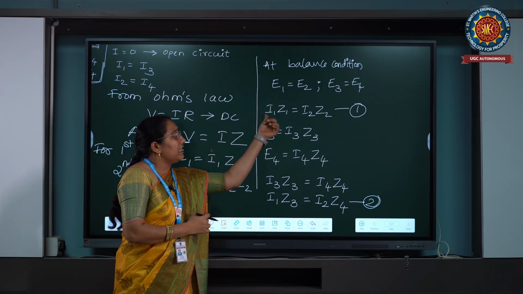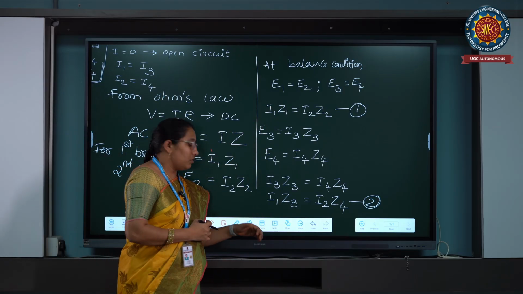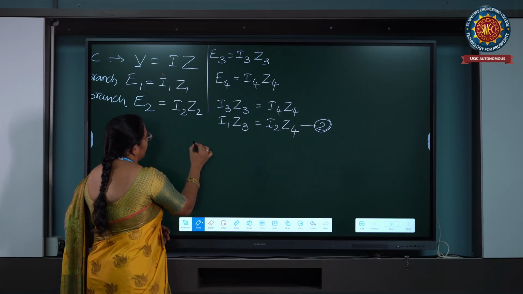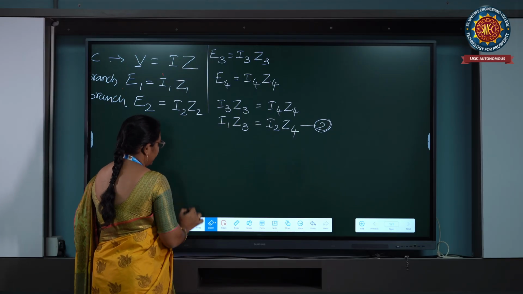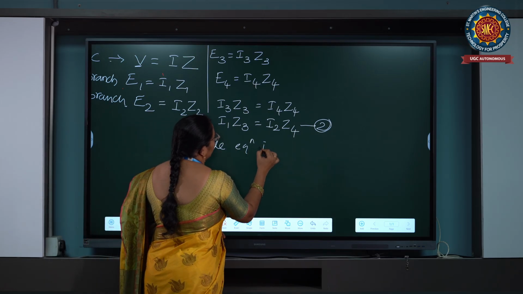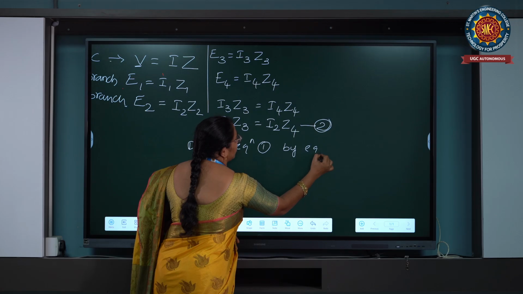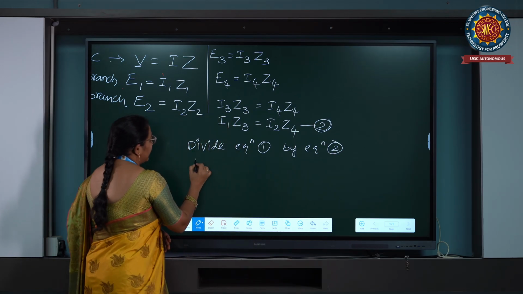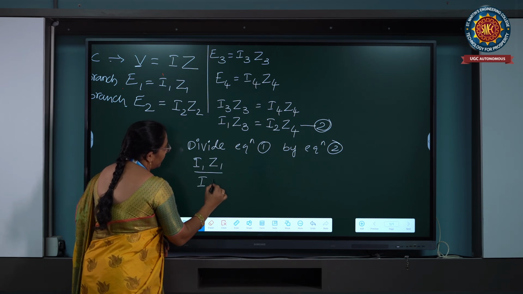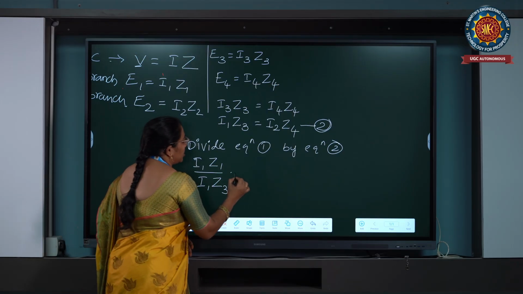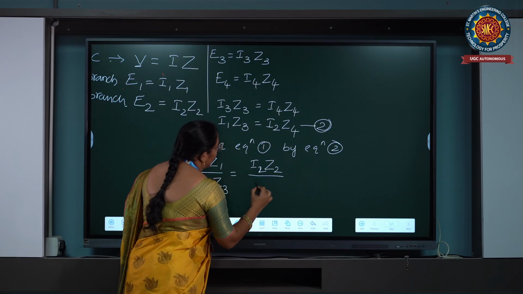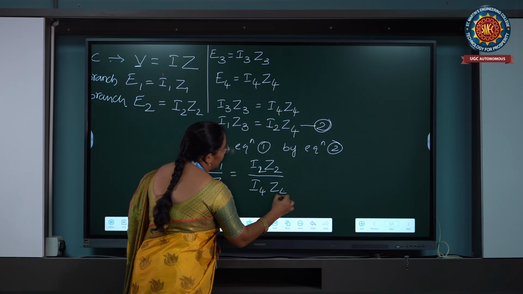By dividing equation 1 by equation 2, we will get I1 Z1 divided by I1 Z3, that is equals to I2 Z2 divided by I4 Z4.